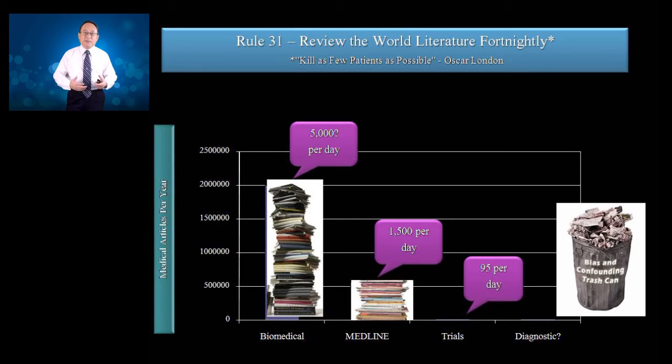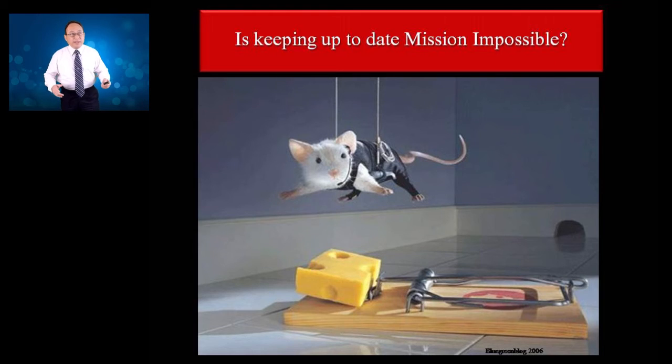Some of the publications can be detected as bringing bias and confounding, and we have to be careful to interpret the result of every study to make sure that no bias and confounding are detected. So, is keeping up to date mission impossible?